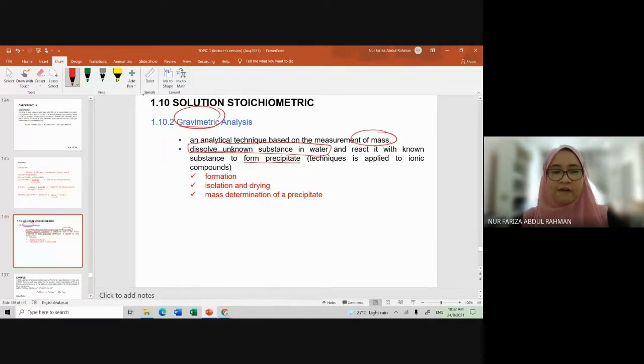This reaction involves the formation of the product, or precipitate, and then we have to isolate and dry the precipitate, and lastly determine the mass of the precipitate. They mention specifically to form a precipitate.